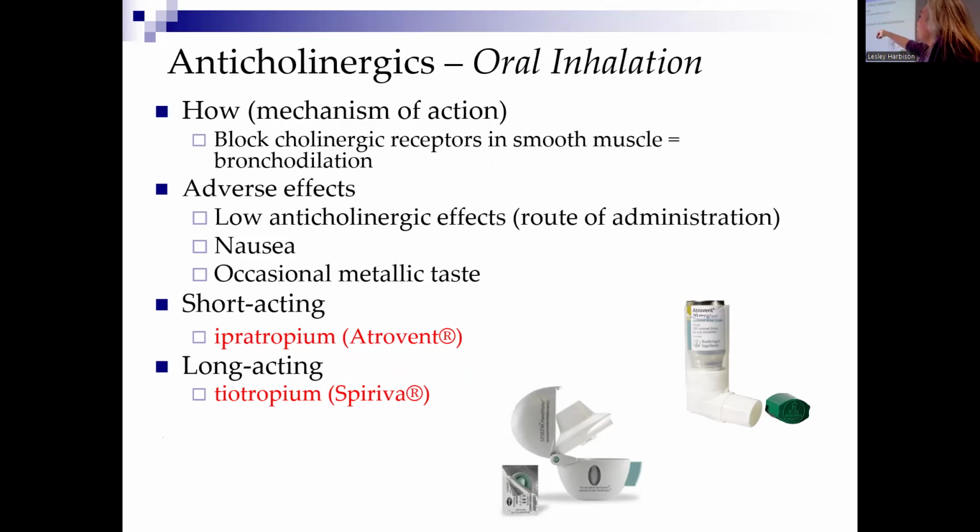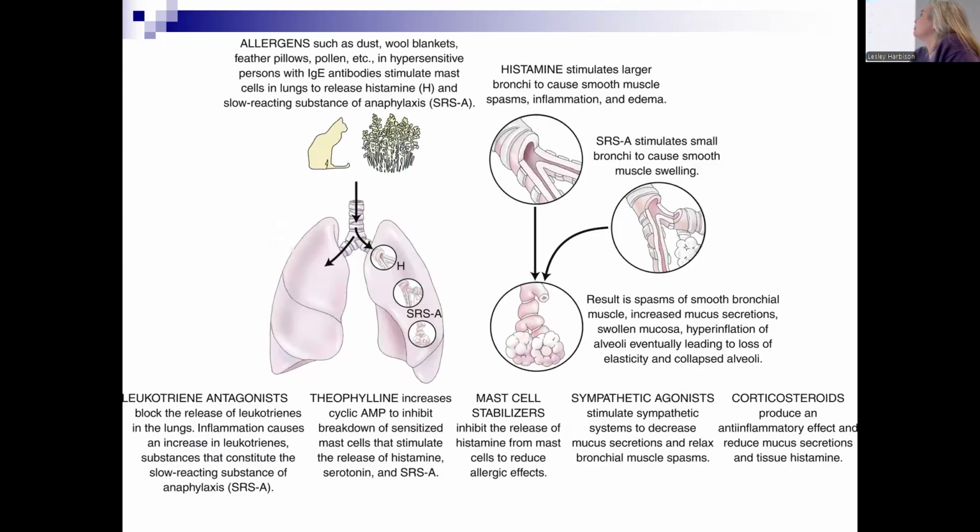There can be nausea and occasional metallic taste. So short acting and long acting, Spiriva or Atrovent, and they're inhalers. Anticholinergic inhalers. And the thing that's nice about those is that the name kind of says the mechanism of action.